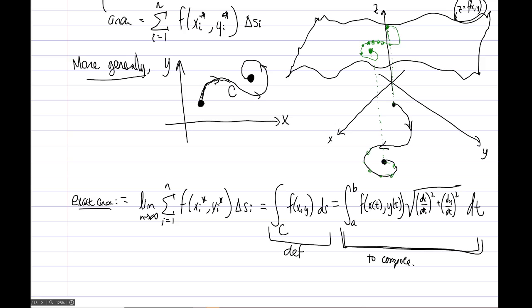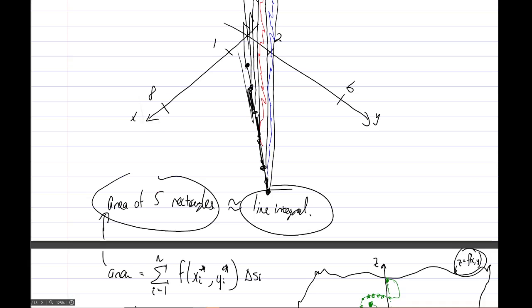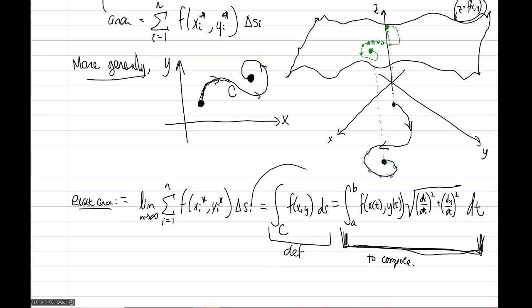This is super useful and practical. Just seeing this helps us gain an appreciation and understanding for what we were doing back here. This is the notation you're going to see a lot, but you've got to convert that to this in order to practically compute.